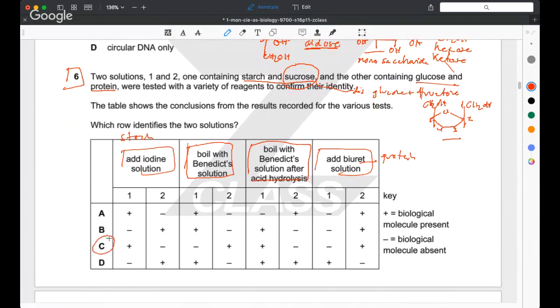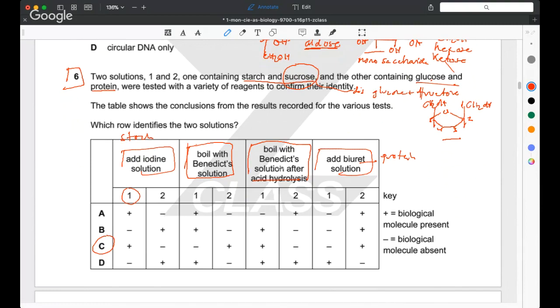Let's just check that. So if we added iodine solution, we should be detecting starch in solution number 1. So solution number one can contain starch. Okay, got it. And then here we're boiling with Benedict's, so we should be detecting a reducing sugar in solution number 2. So solution number 2 contains glucose. That fits.